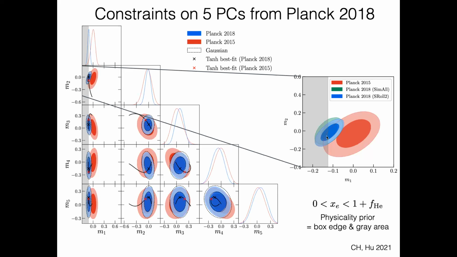Okay, this is a bit of an evolution from 2015 Planck, which is the red, to green, 2018, and then there was a newer version of the likelihood released with SRoll2, with better cleaning of systematics, that moved it to the blue.